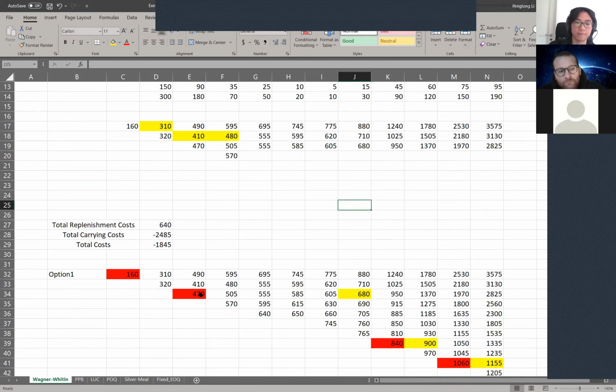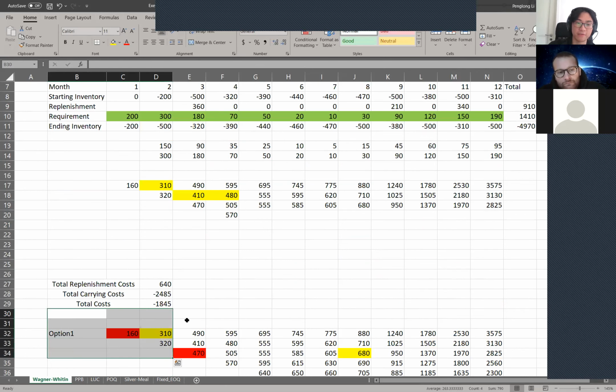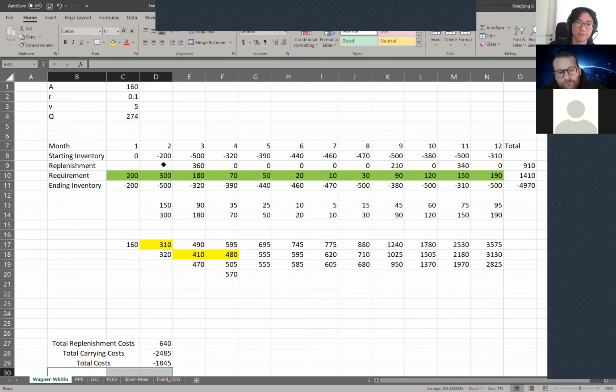And so this is what we have left. And the smallest number here is here. We try to reach to the left, and that means we're supplying the demand for the first 2 months. And it should reach 0 at the end.